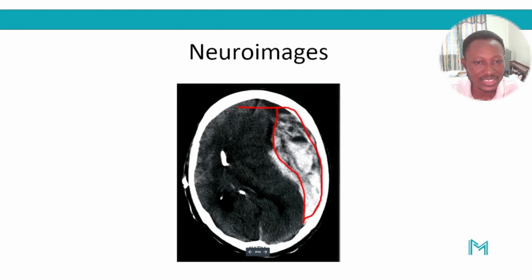The brain looks curved and is pushing things to this side. So if you look at the midline, it is curved like that, which means there is some form of a midline shift. This is a classic appearance of an acute SDH with a midline shift.